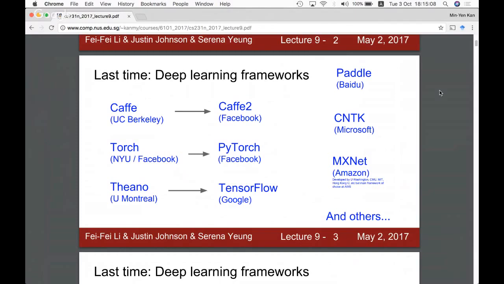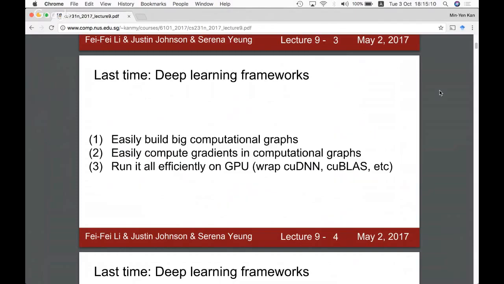Such deep learning frameworks have many advantages. First, it is easy to build big computational graphs. Second, it is easy to compute gradients. Third, they run much more efficiently on GPU.